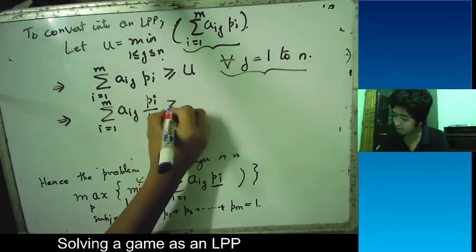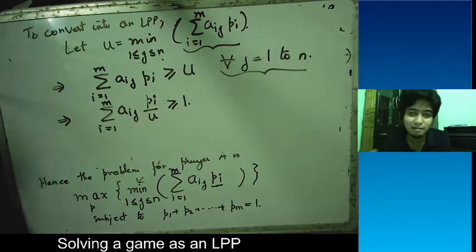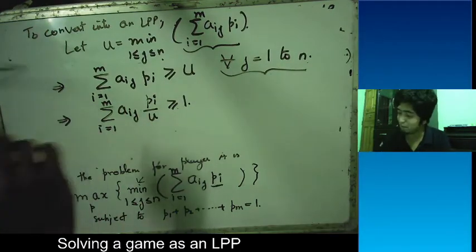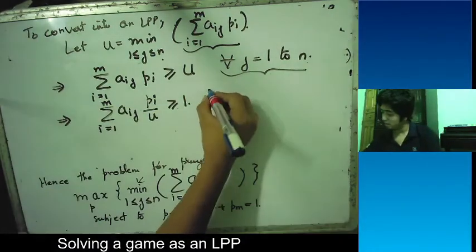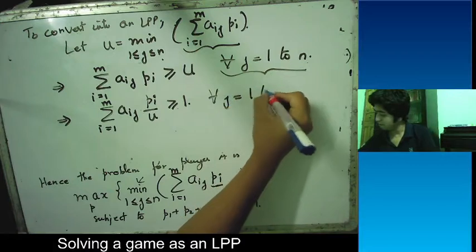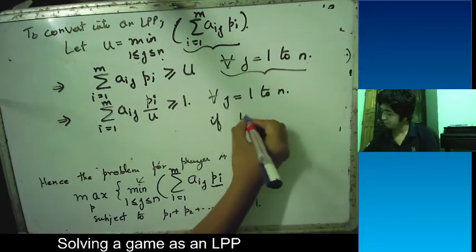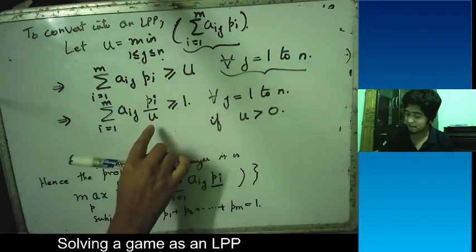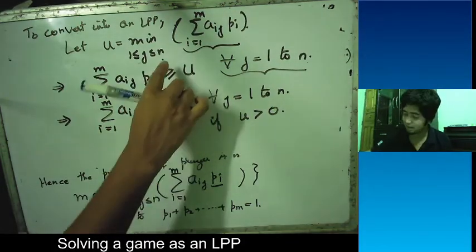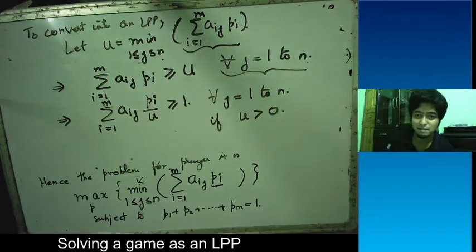But can we guarantee that this minimum payoff will be positive? If u is greater than 0, of course we can divide and the inequalities will not change.